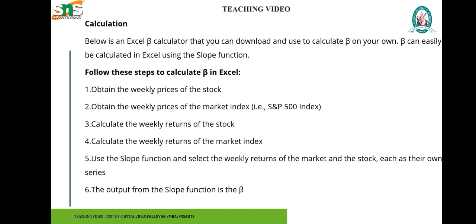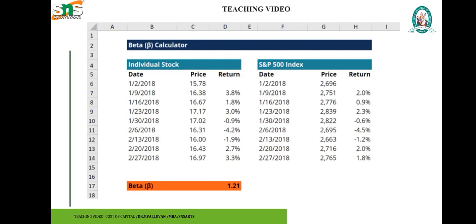Use the slope function and select the weekly returns of the market and the stock, each as their own series. The output from the slope function is the beta. This slide depicts the beta calculations.